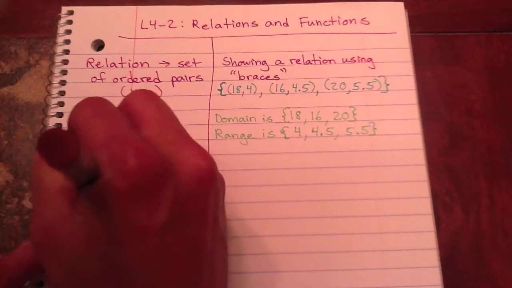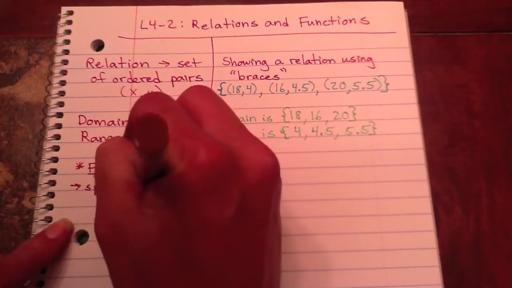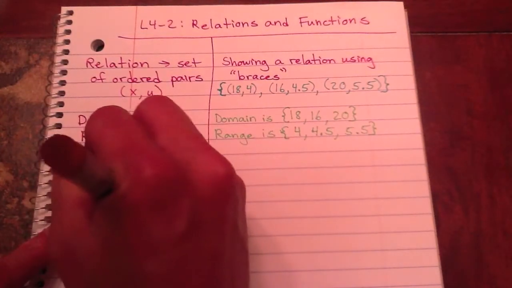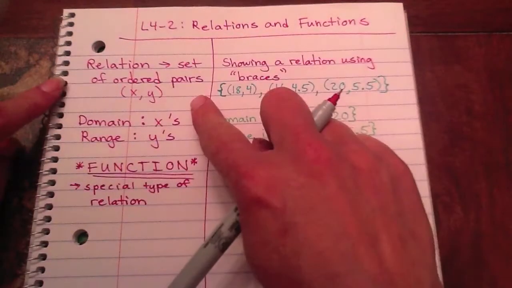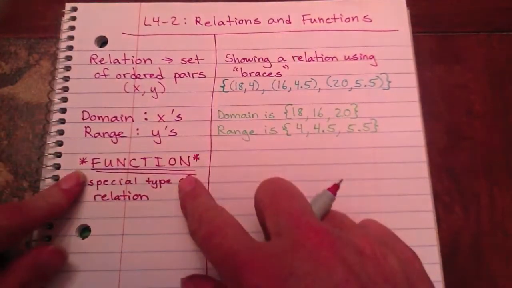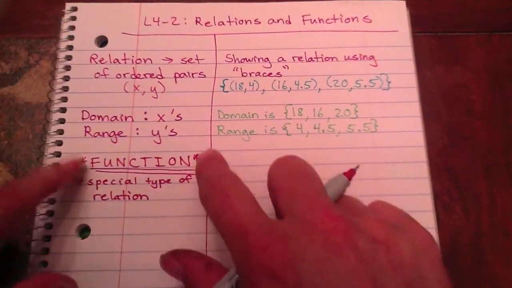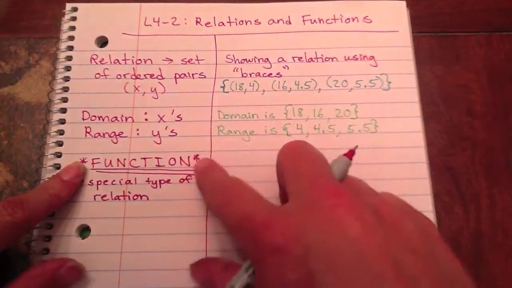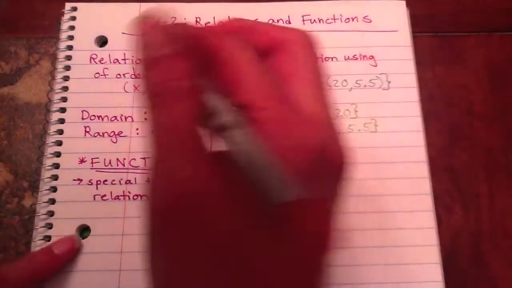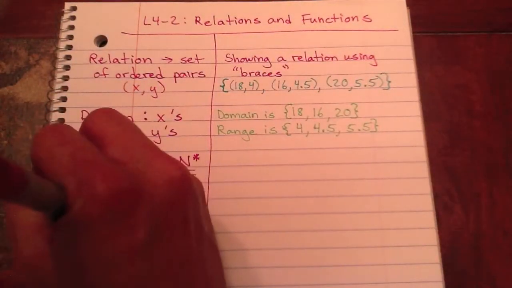Which means that we can have relations that are not functions, and we can have relations that are functions. Every single function is a relation. It's a special type of relation. And this is what makes it special.